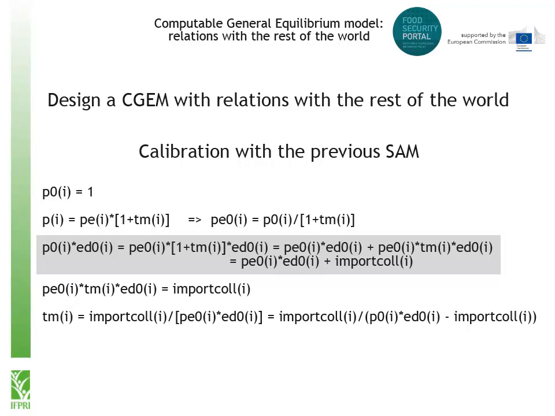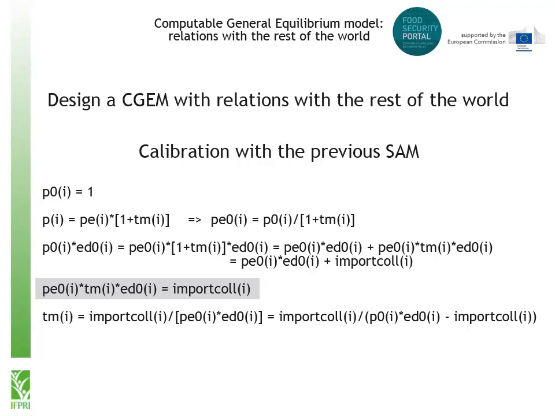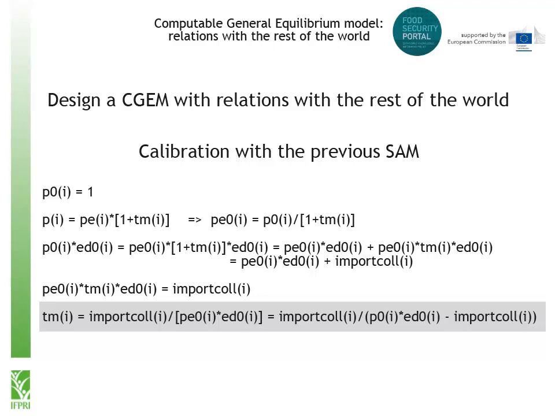And the last element of this right side is in fact the amount collected by public administration by sector. So it is what we can call import call in sector I, and this is something that we have in the social accounting matrix. So you can use this to calibrate Tm in sector I, because you can write PE0 in sector I times Tm in sector I times ED0 in sector I is equal to import call in sector I. And so you can derive from that Tm in sector I is equal to import call in sector I over PE0 in sector I times ED0 in sector I. The problem is that you do not know PE0.